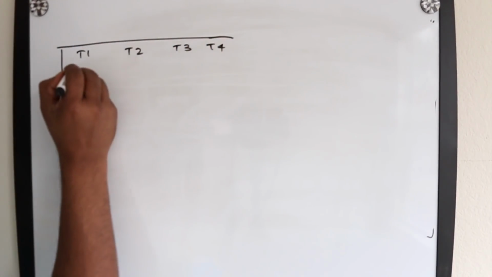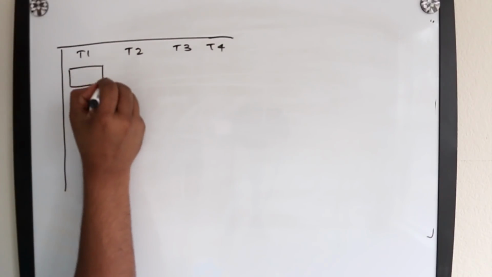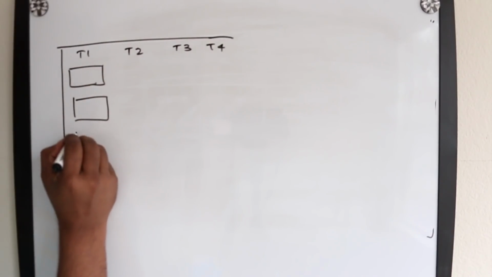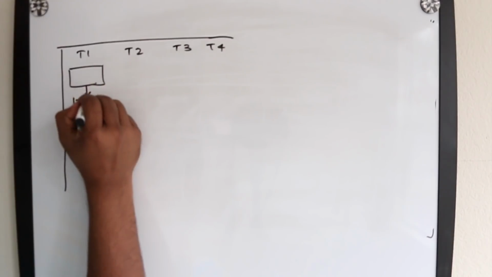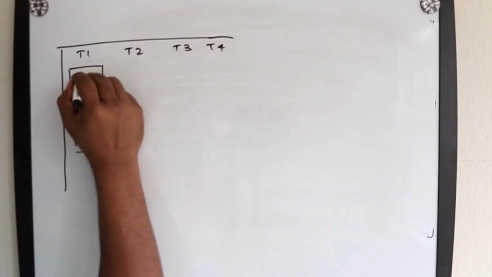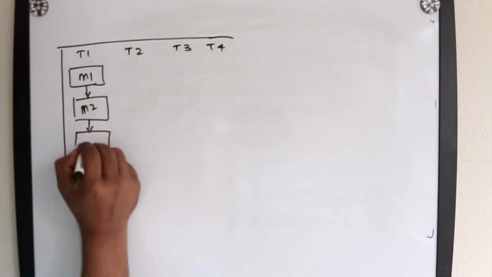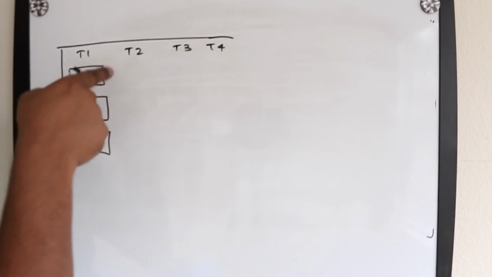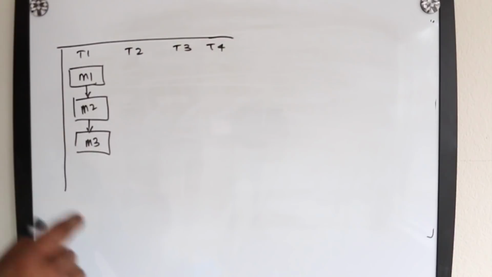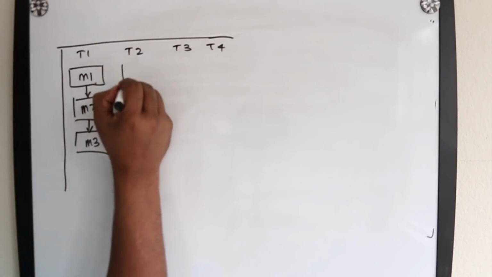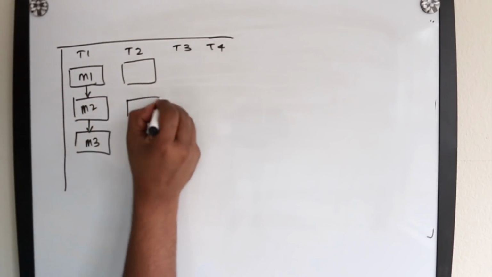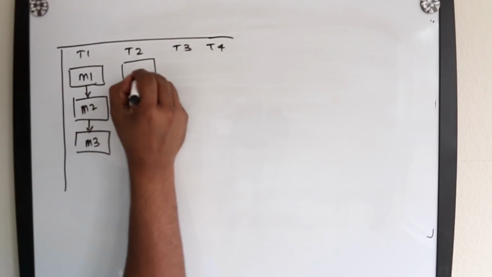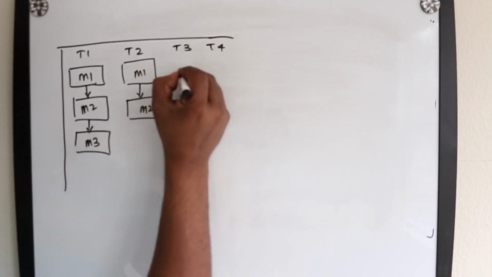Okay, so these threads may invoke 3 methods: M1, M2, M3. We discussed that it will create a frame per method, right? So this may have 2, M1 and M2.